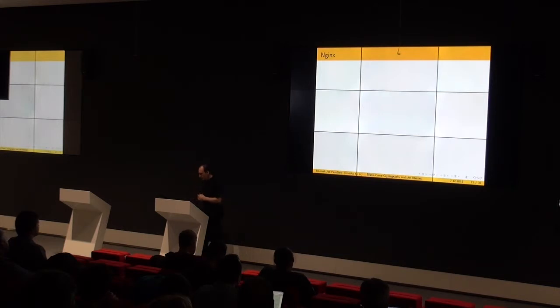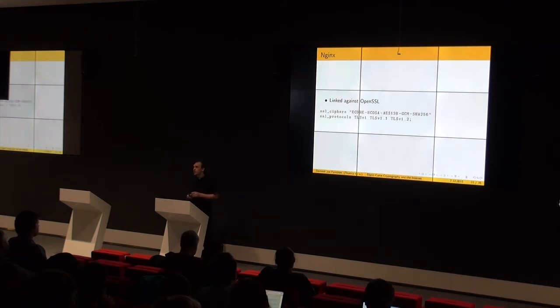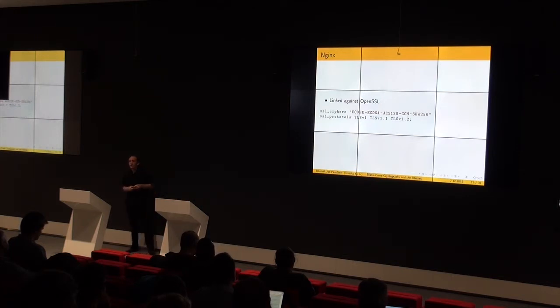Nginx, another one. Are you just using OpenSSL? So once again, you are stuck with good old configuration strings, but you have to write them in different configuration directives. The bad thing about Nginx is you have to explicitly enable given protocols.